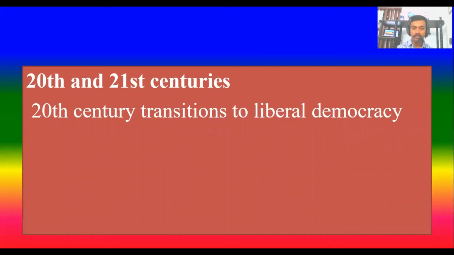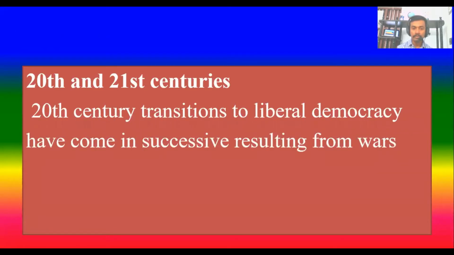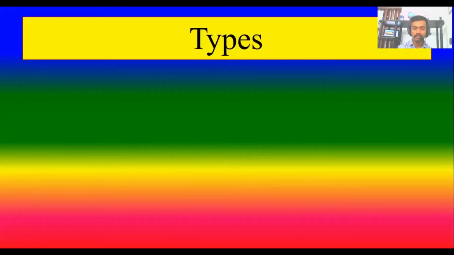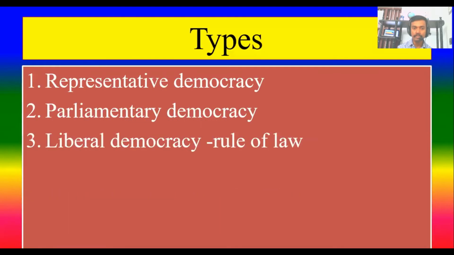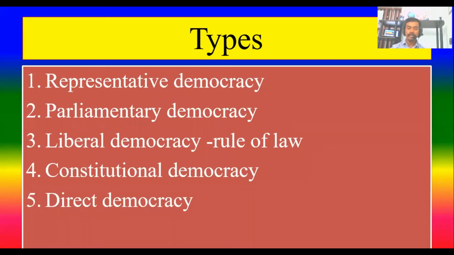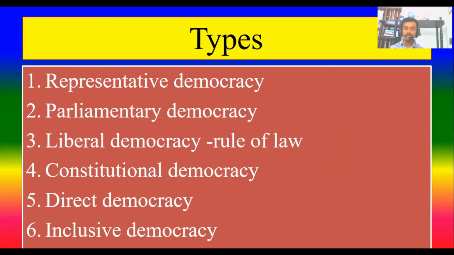mainly the 12th century, transition to liberal democracy. They have come into being successively, resulting from wars, World War I, World War II, and revolutions. Then types: participatory democracy, parliamentary democracy, liberal democracy, then constitutional democracy, then direct democracy, then inclusive democracy.